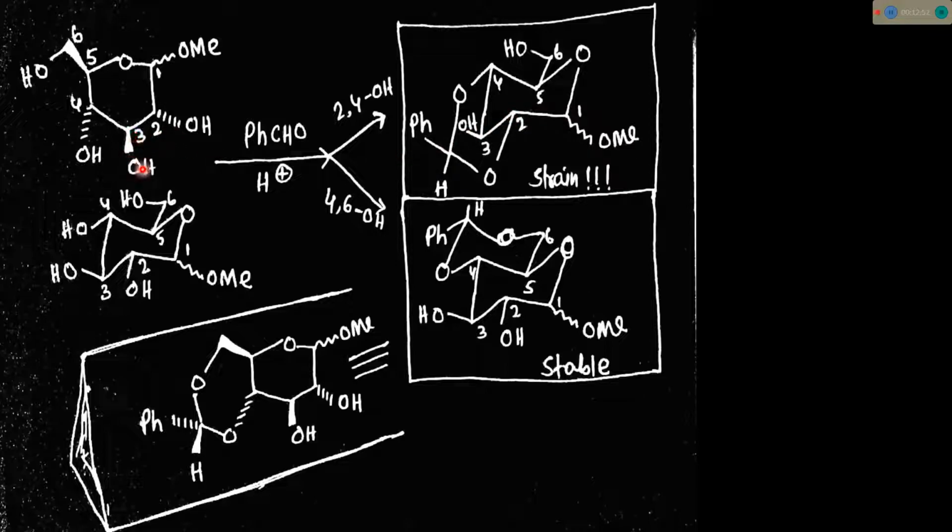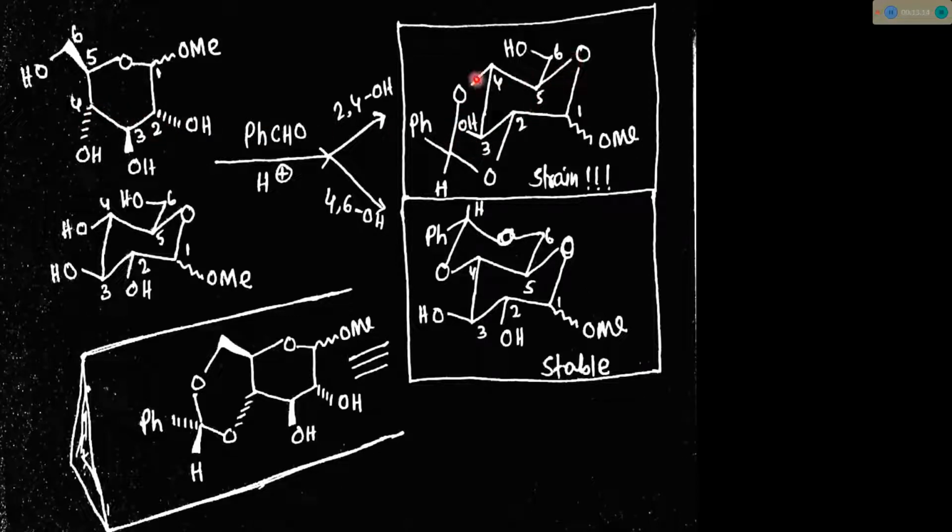The OH on carbon 3 is above the plane, so it is equatorial, this also equatorial, this also equatorial. Now see the stability of the product. If benzaldehyde reacts with this 2,4 1,3-diol, then we get this kind of product.